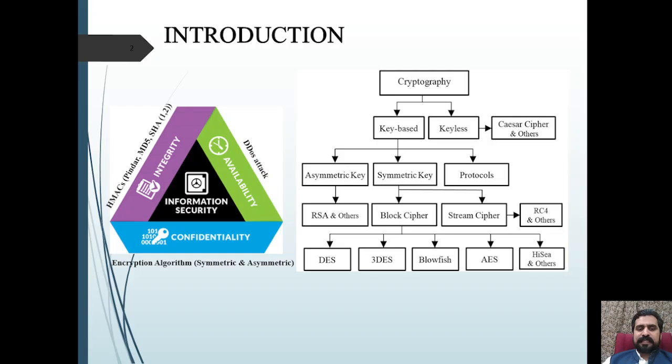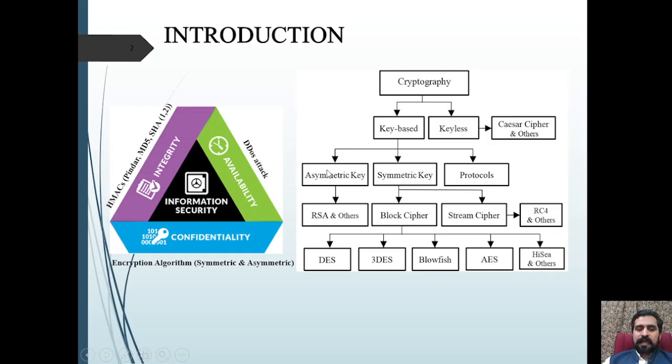If we look at the first component, confidentiality, it prevents the disclosure of information or data from unauthorized access. To achieve this, we use encryption algorithms. There are two kinds of encryption algorithms, symmetric and asymmetric.